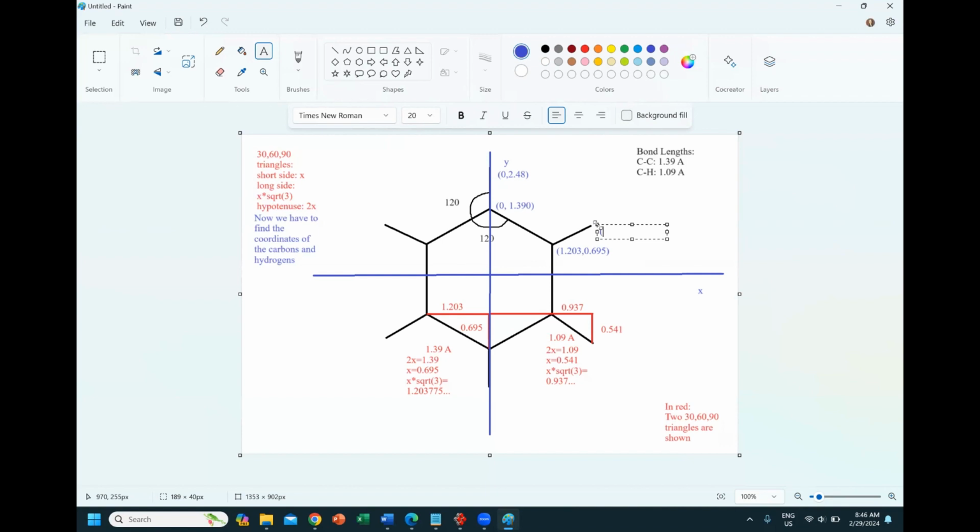Basically, you just add the coordinates from the carbon to the lengths from the CH bond 30, 60, 90 triangle. That's what I'm showing here. Add those together. Otherwise, it'll be painful.